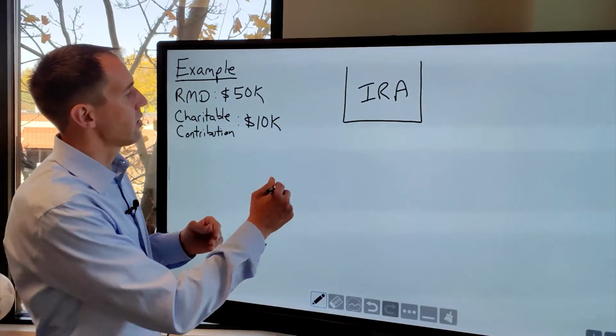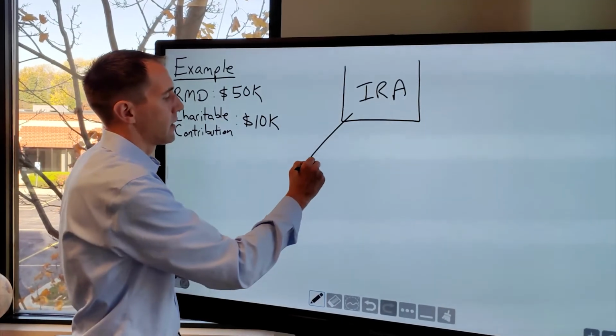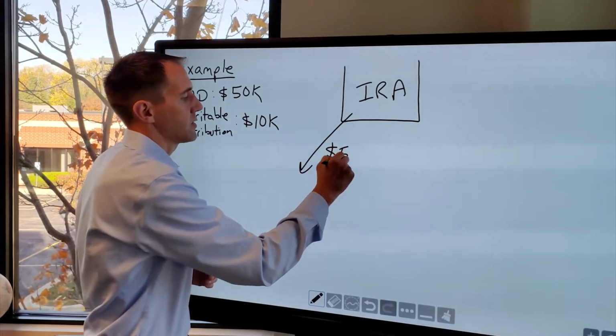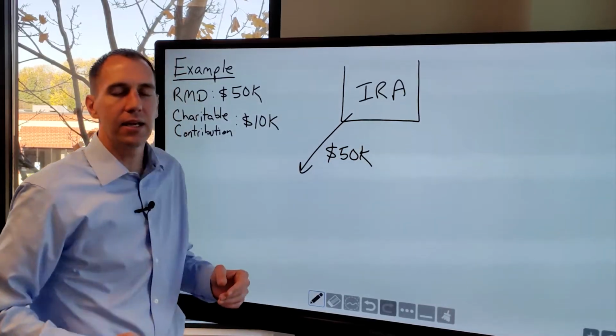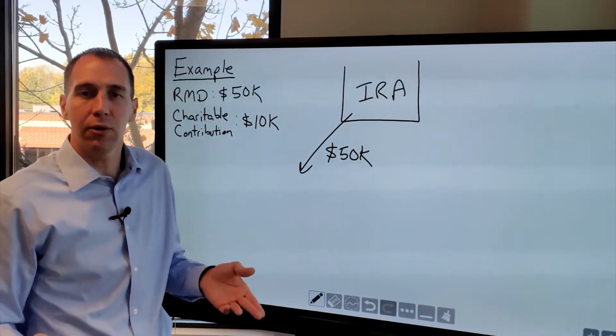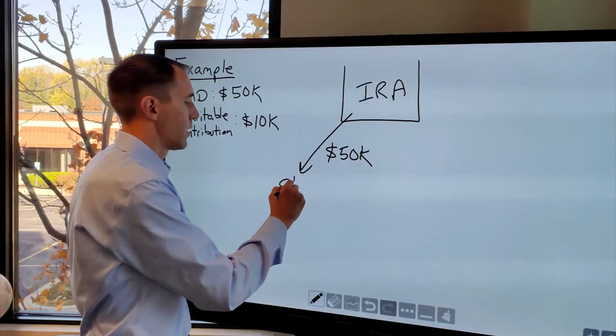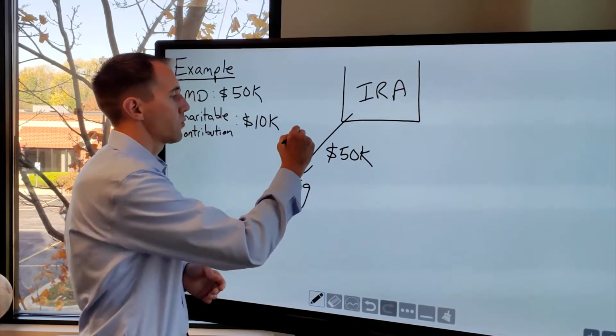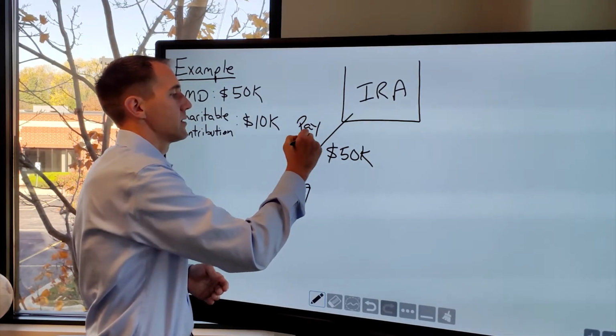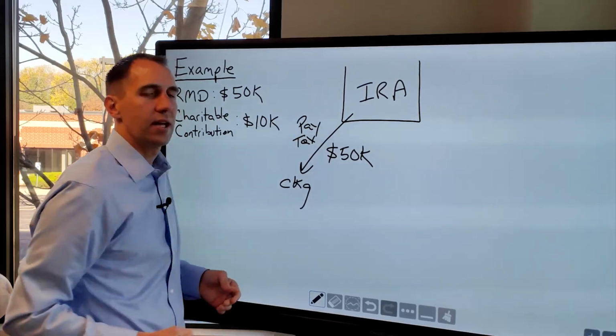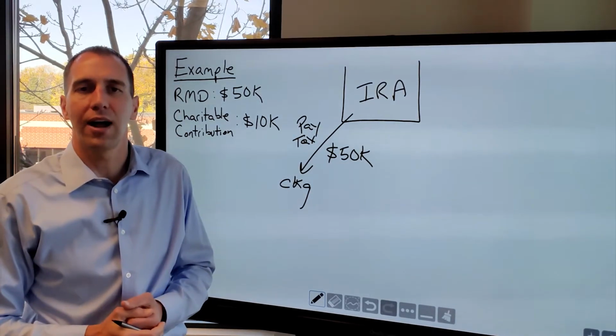So you've got your IRA, and again, you have to take that $50,000 RMD, and where do we typically bring that? We bring that right to our checking account. And as we talked about, we have to pay tax when we take those RMDs out of our IRA.